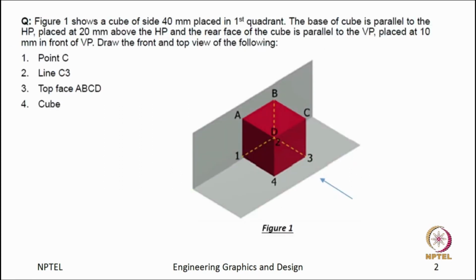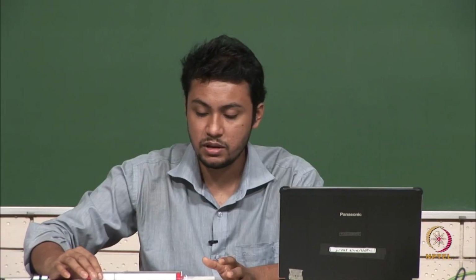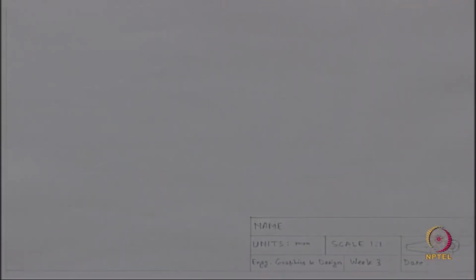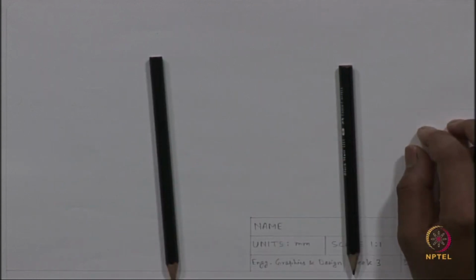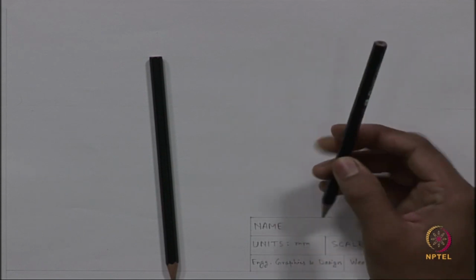And one more important thing, before starting any engineering drawing, we should always be prepared with some of the important items. The first important item is the pencil. Definitely for drawing you will be using pencils, and there are two types of pencil we will be using for this drawing.